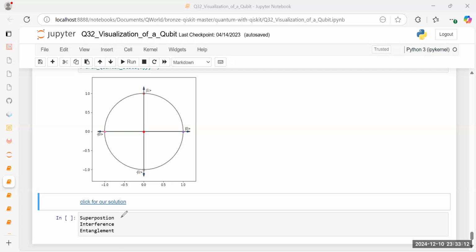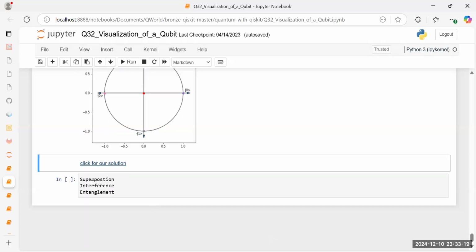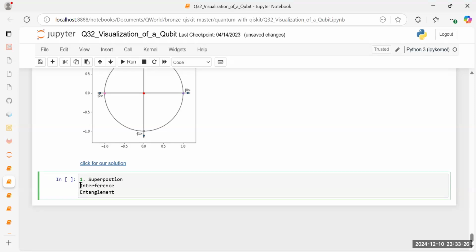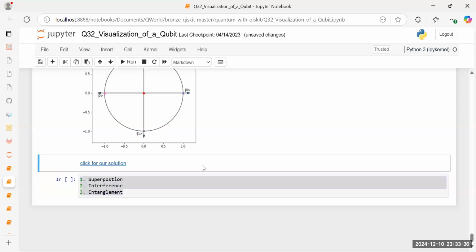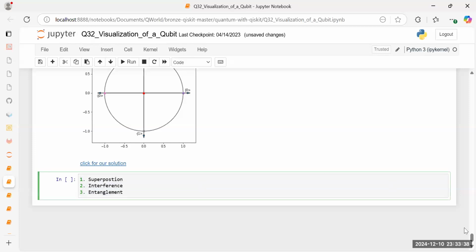So here, there are 3 resources that we can utilize in a quantum computer that are not available in a classical computer. And with these resources, we're going to try and get some advantage over classical computers.